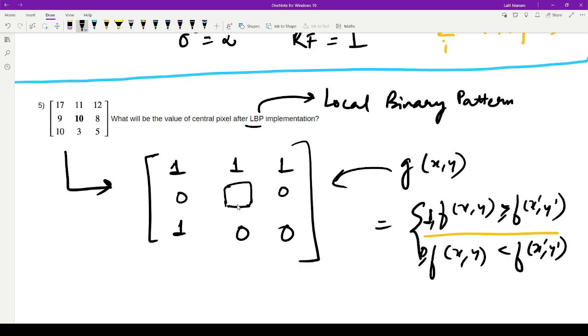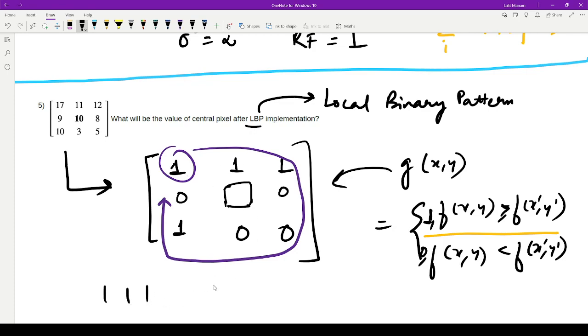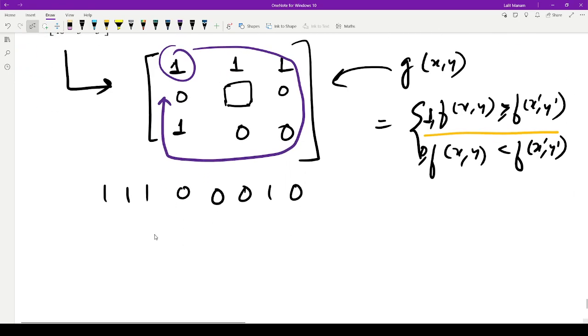So someone said that yes, now you have to track it clockwise. So our anchor point is this. We'll start from here and then we'll take it clockwise and we'll end here. So whatever numbers are generated, I'll just write it down here, and then whatever it gives us, the equivalent in decimal is what we get.